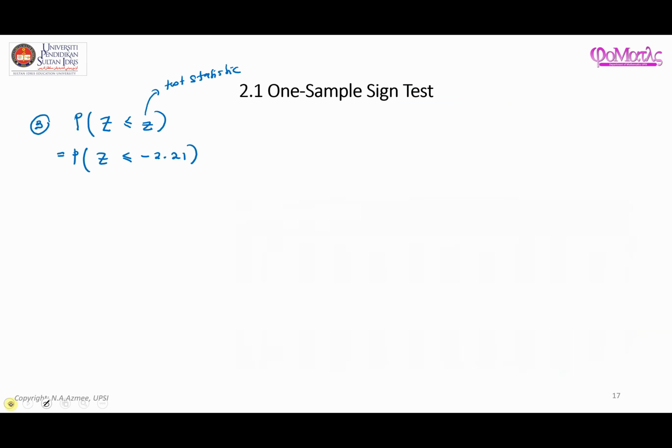Now if you look at our question, based on this mathematical expression, this is the middle point at 0. We want to find the probability that our random variable z is less than or equal to negative 2.21. So this is the position of negative 2.21, and since we're talking about less than or equal, we are talking about this area.